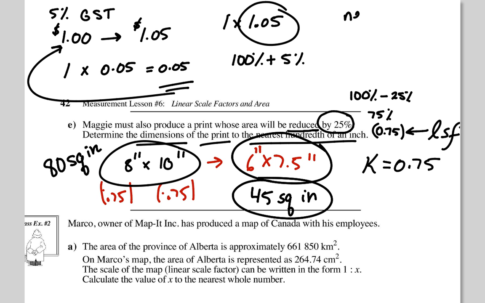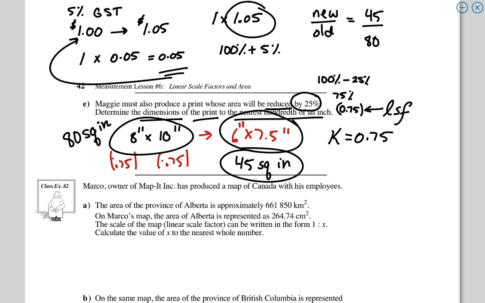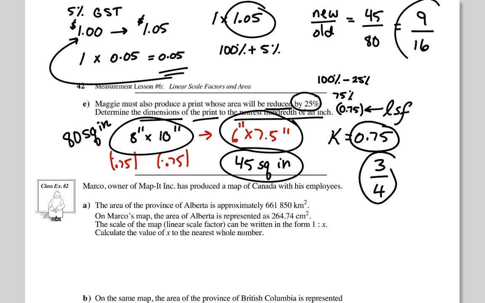Do the new over the old: 45 over 80. 45 divided by 80 is 9/16 after using math fraction, because 0.75 would be 3/4. Look at the connection. 3 became 9 and 4 became 16 from squaring.